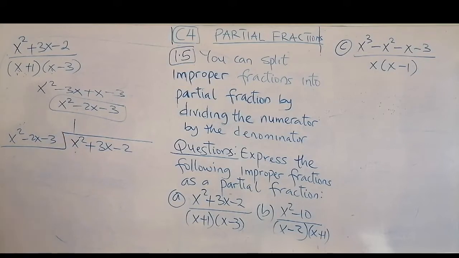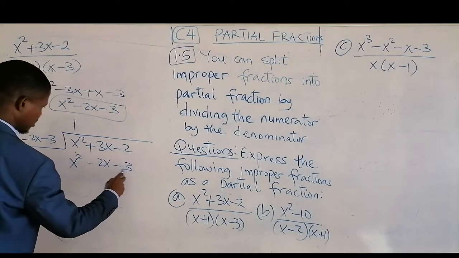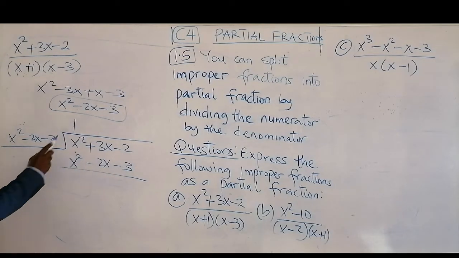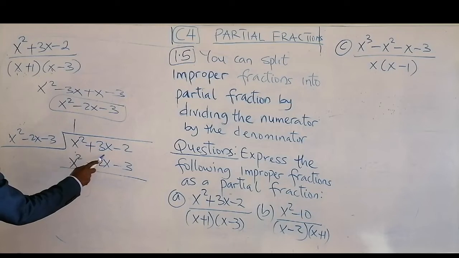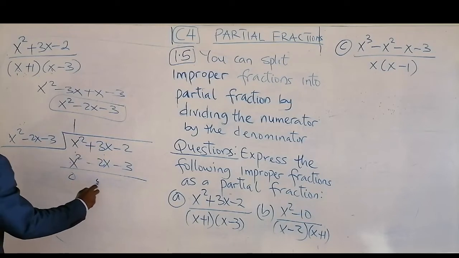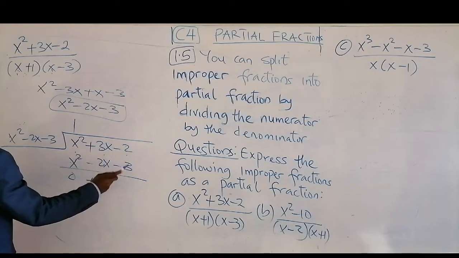That will be 1. So 1 times this one, x squared; 1 times this one, minus 2x; 1 times this one, minus 3. Then you do your subtraction. This minus this is 0. This one minus minus 2x is plus 5x. Minus 2 minus minus 3 is plus 1.